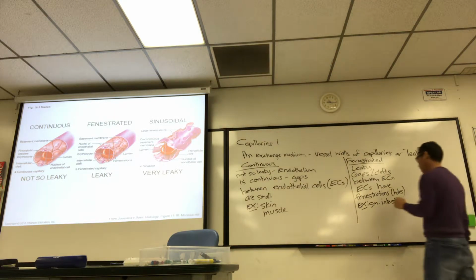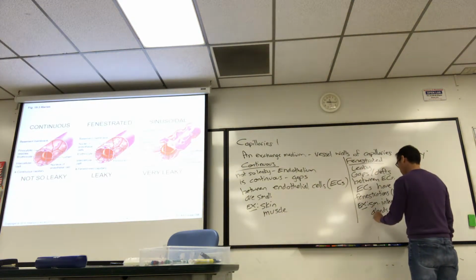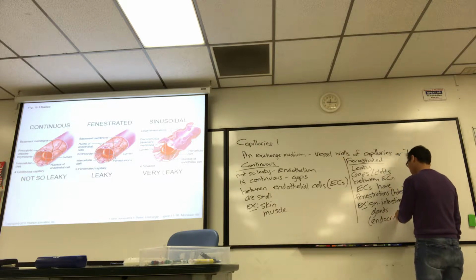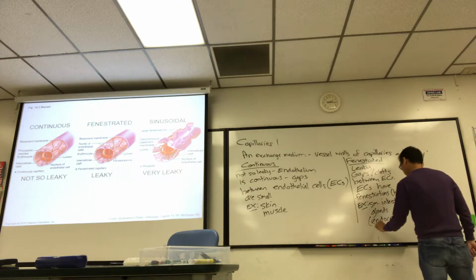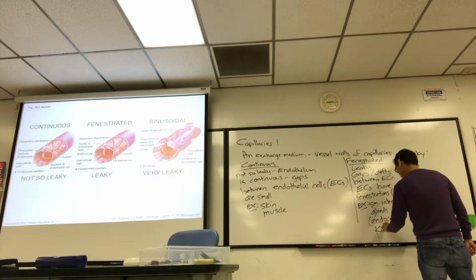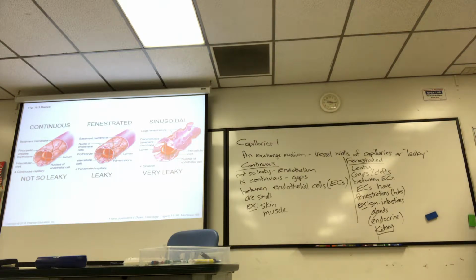Or glands, like hormones, right, from the endocrine system, because those hormones have to enter the bloodstream. Oh, kidney, I have an example of that. Because the kidney has to filter your blood, fenestrated capillaries are good. The glomerular capillaries are fenestrated.